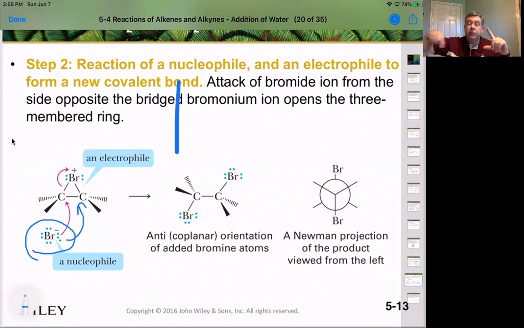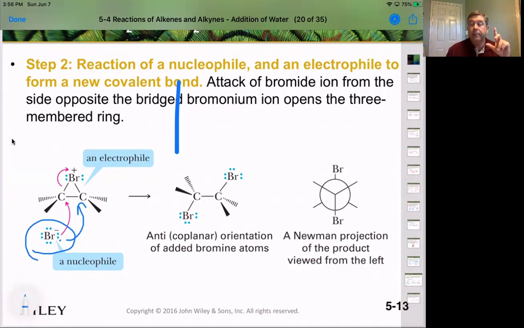All of our carbons are trigonal-planar, and so the bromine has to come from the other side of that. When it does, it comes and bonds to one or the other carbon. Doesn't matter which, but whichever one it does, it means that now this is on the bottom and this is on the top. And if it was the other way around, we would still have bottom and top. So it is an anti-addition. The bromines are coming in from the bottom to open up that ring to give us those in that configuration.